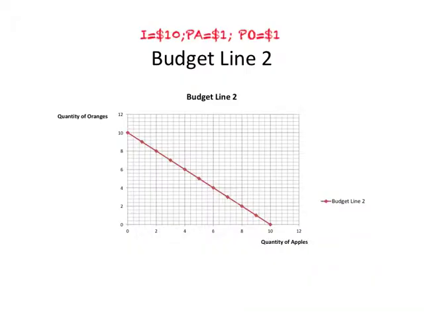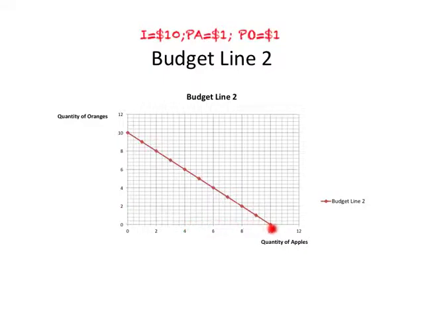Based on his consumption choices, when income is $10, price of an apple equals price of an orange, which is $1, we draw a budget line. Let's call this BL2. What is the intercept on the y-axis? It is 10 because income divided by price of an orange. How much is the intercept on the x-axis?